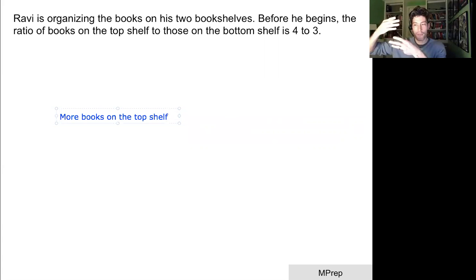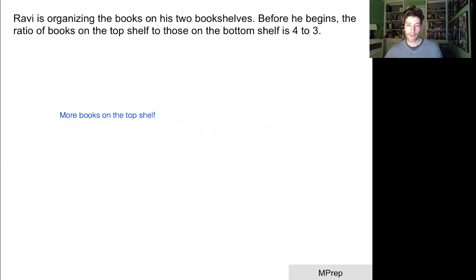There's the corresponding multiple of 3 books on the bottom. That means there's a group of 7 books in each set. So that is awesome stuff, everyone. You are great inferrers here. So the total number of books is a multiple of 7. Good stuff.